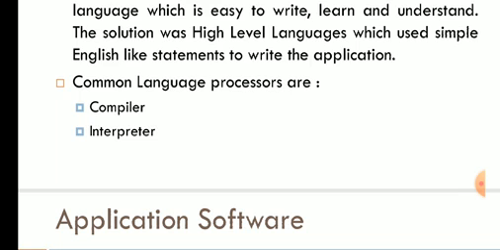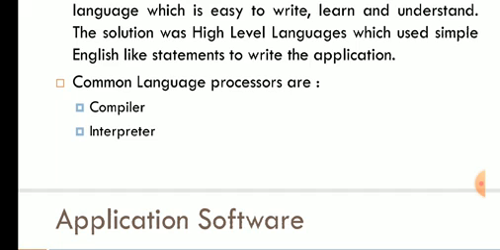Both compiler and interpreter are used to convert high level language to machine language, so that the machine can understand. The difference is that a compiler reads the entire program and converts the entire program into machine understandable code, but an interpreter converts line by line.